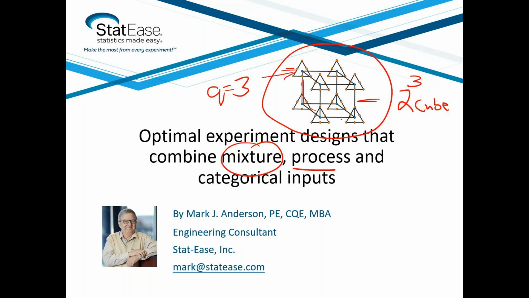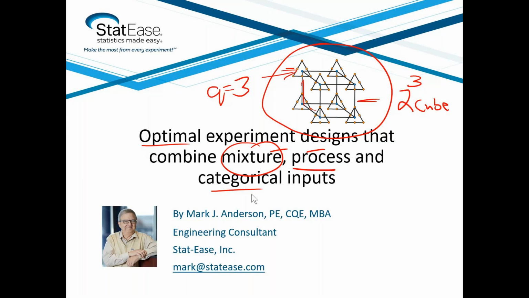All right, and then together, we're combining these and forming an optimal structure that allows you to more or less mix your cake and bake it too, and then perhaps even work in categorical inputs like, do we bake it in an electric oven or a gas oven? And so that would add one more dimension to this whole structure. And this is very common for any of the process industries.